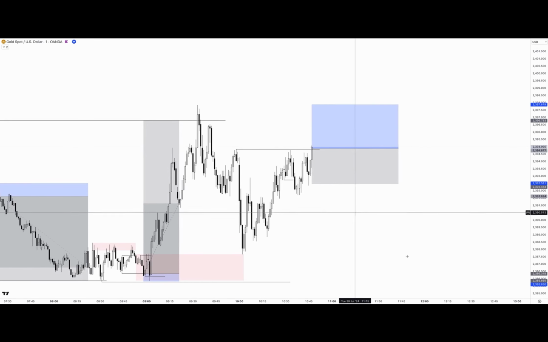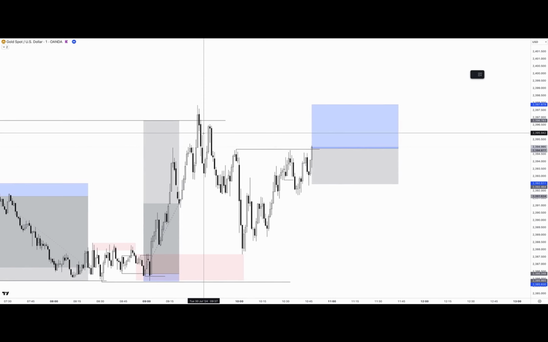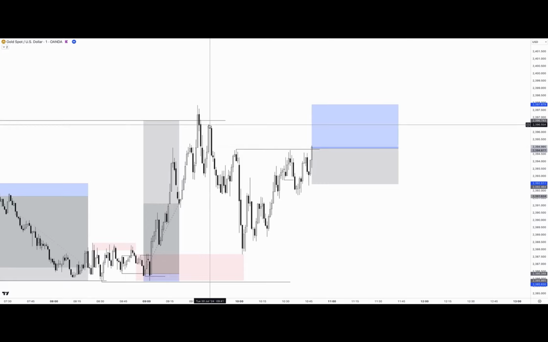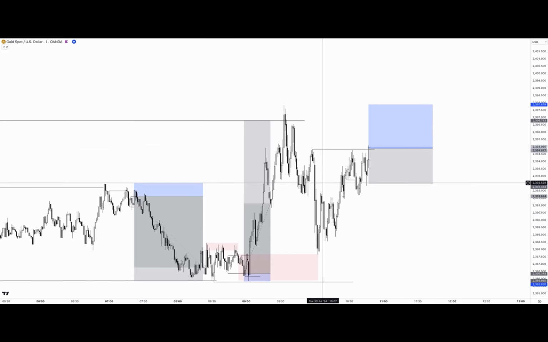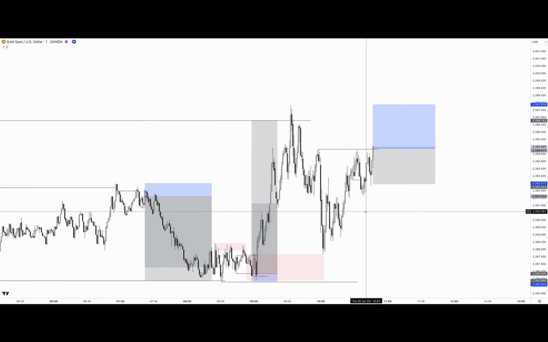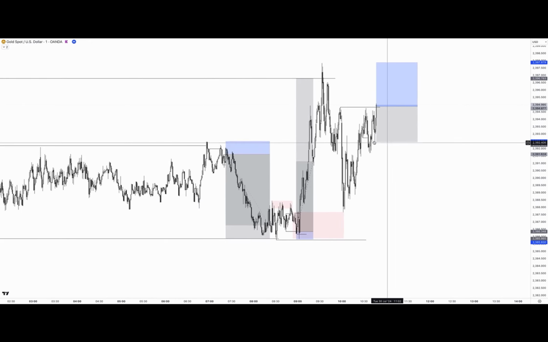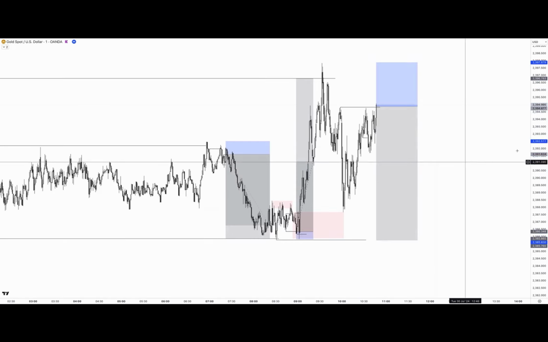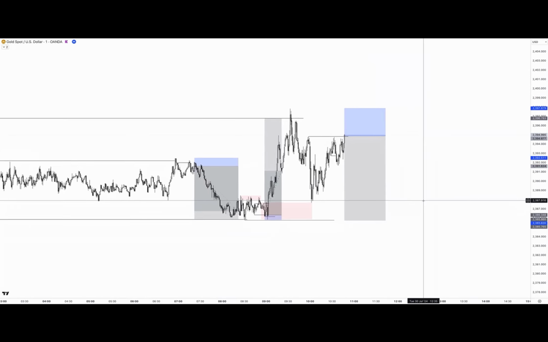Now if you do want to be a little risky, you can say, you know, took this out, you want to keep it above here, but I personally wouldn't do that, as this high is also an inducement high. Okay, so taking this trade towards the lows gives you exactly a 1 to 3. So a decent trade.